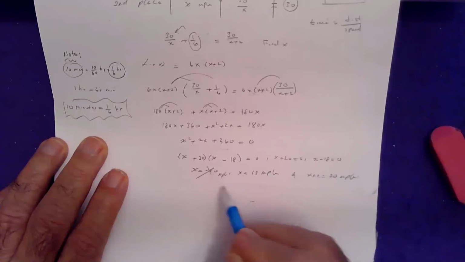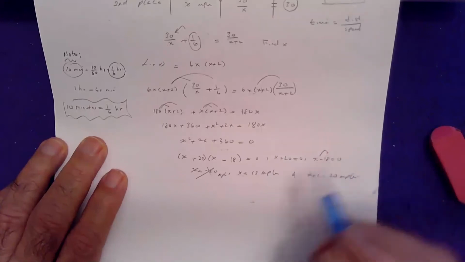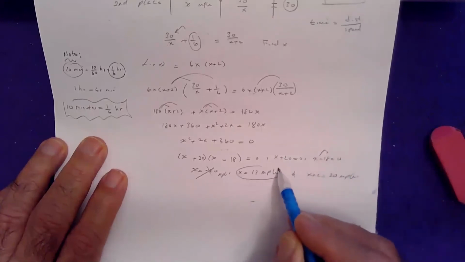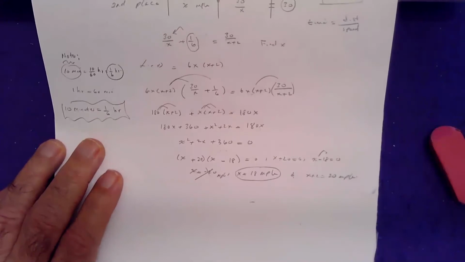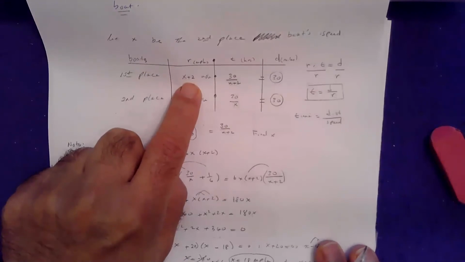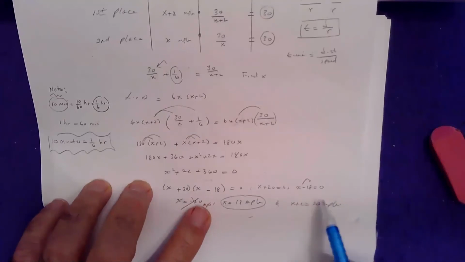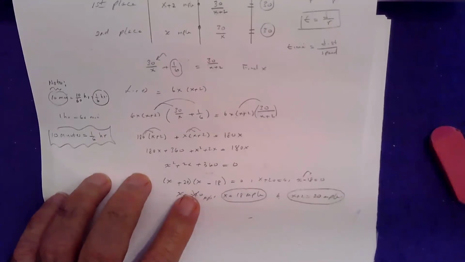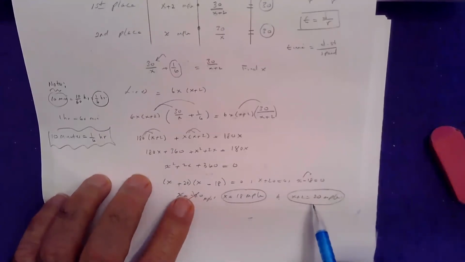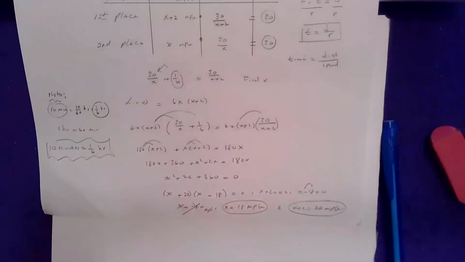That doesn't make sense because you can't have a negative speed, but this one gives you x equal to 18 miles per hour, and that makes more sense. Remember, the speed of the first place boat was 2 miles faster, so you add 2 miles to 18, and this would be the speed of the faster boat. So the conclusion of this problem is the speed of the first place boat is 20 miles per hour, and the speed of the second place boat is 18 miles per hour.